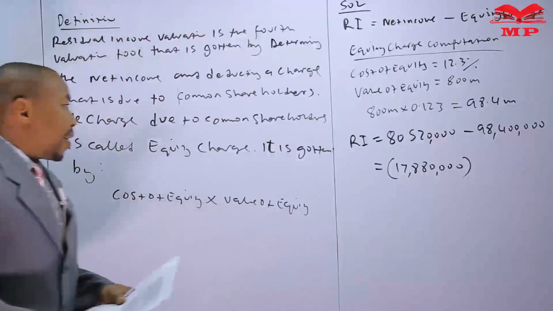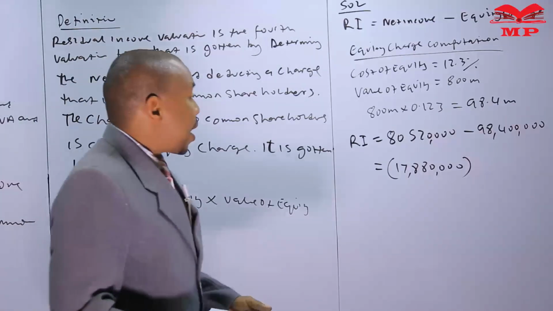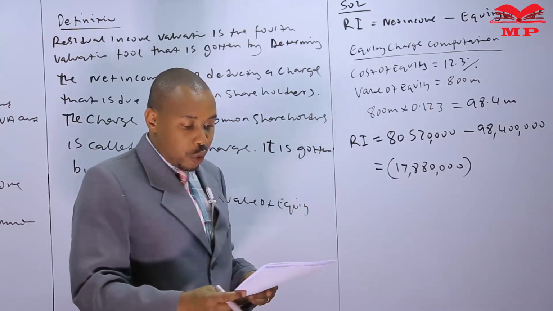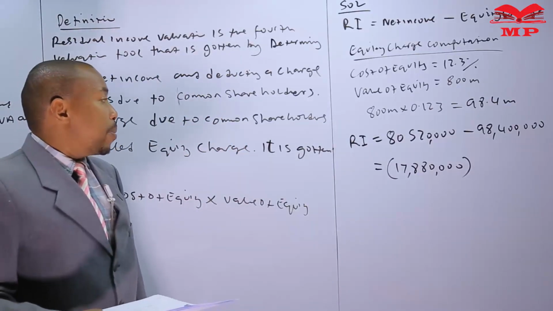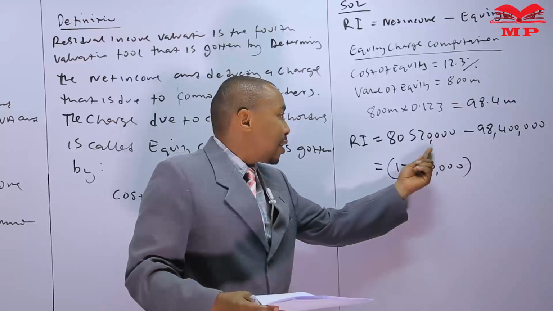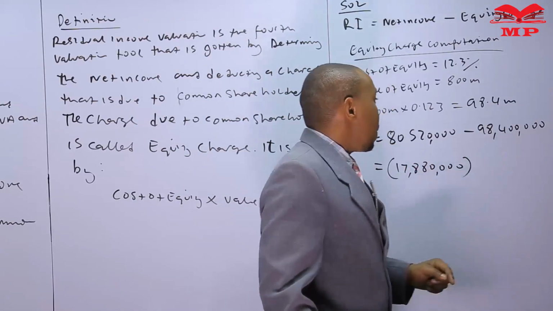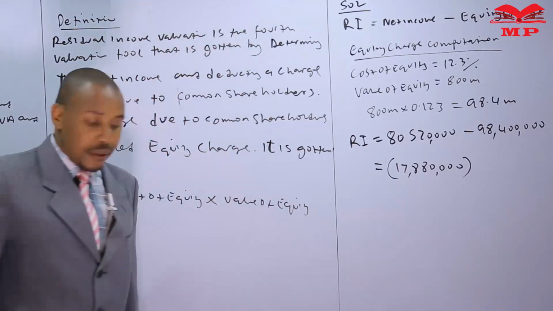So even if the company made a positive net income of 80,520,000, it may not be economically viable, because after compensating the equity shareholders through the equity charge, we get a negative value.